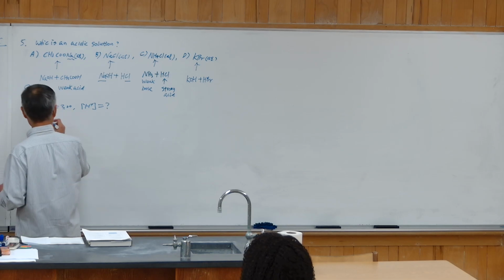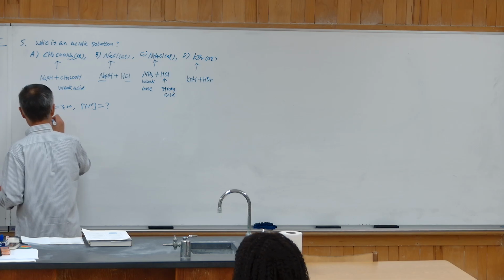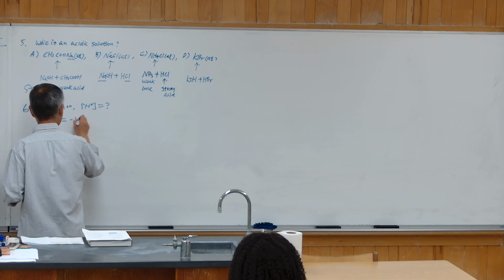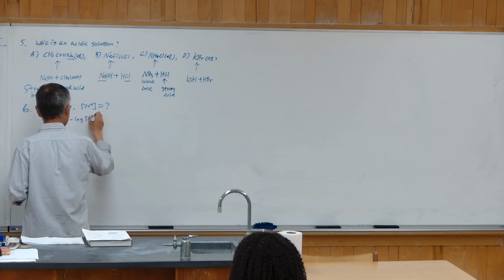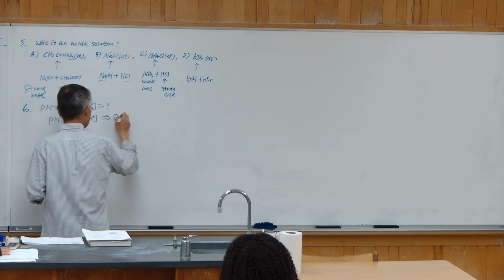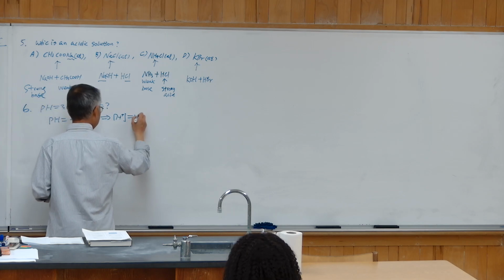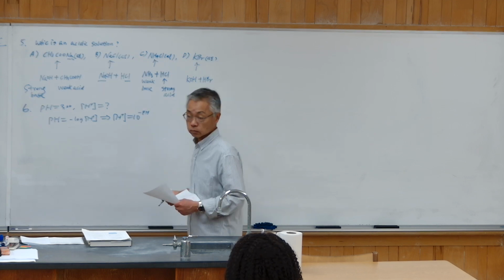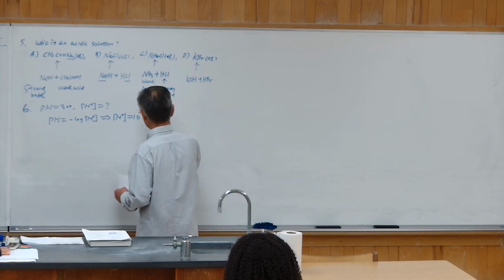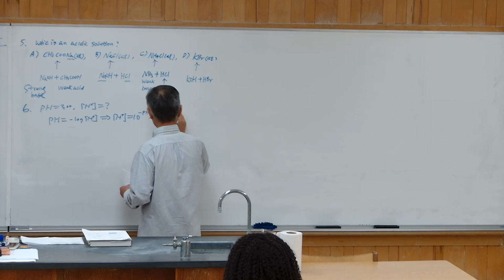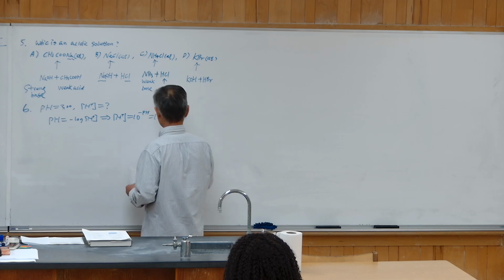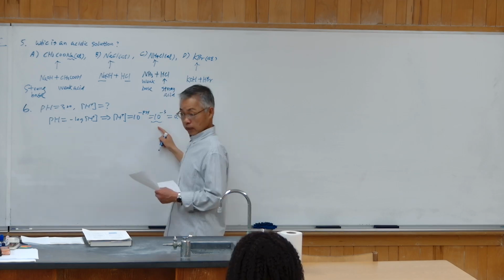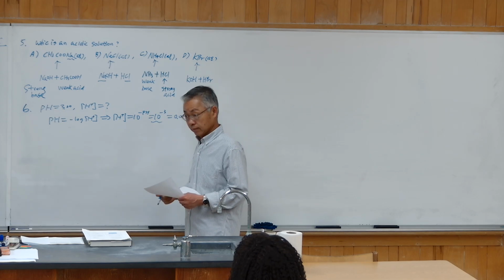Okay. So pH is the negative log of hydrogen ion concentration. Then hydrogen ion concentration is 10 to the negative pH. It's the power. So this is 10 to the negative 3, or 0.001. Even if you keep this as 10 to the negative 3, I'll give you full credit.